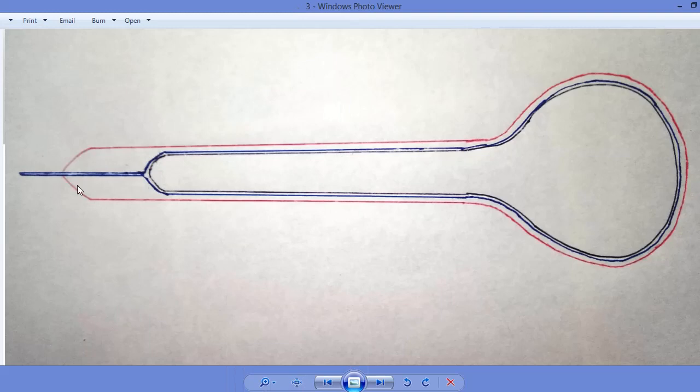So the appearance of this layer is just like a spider web. That's why this is called arachnoid mater.